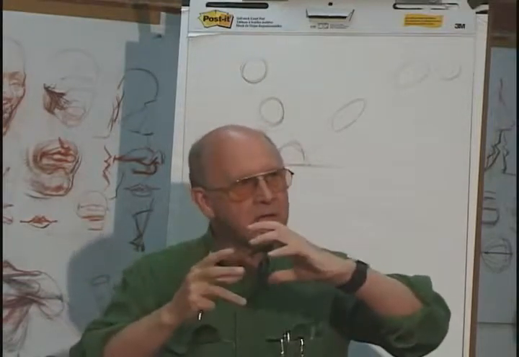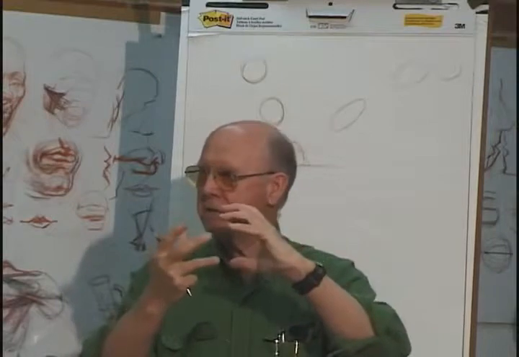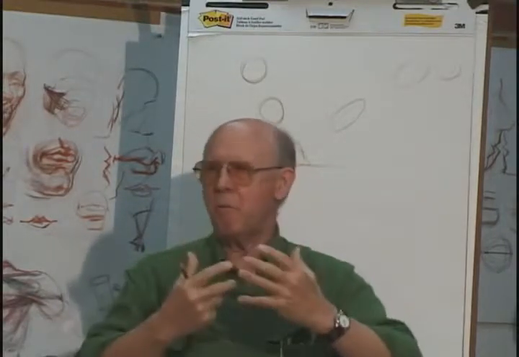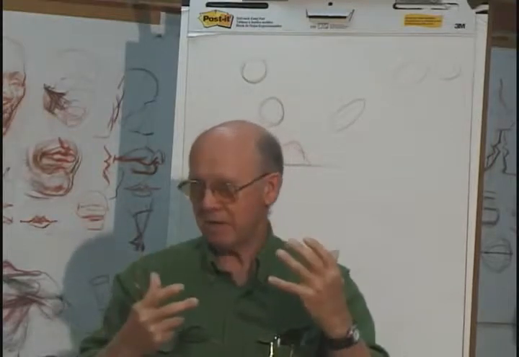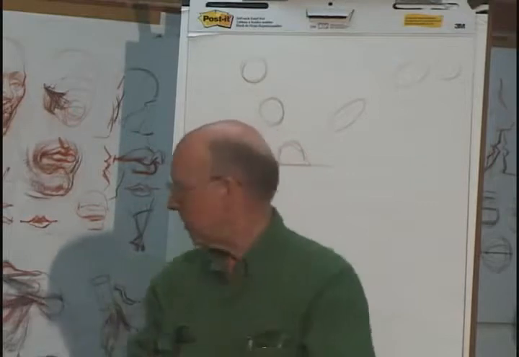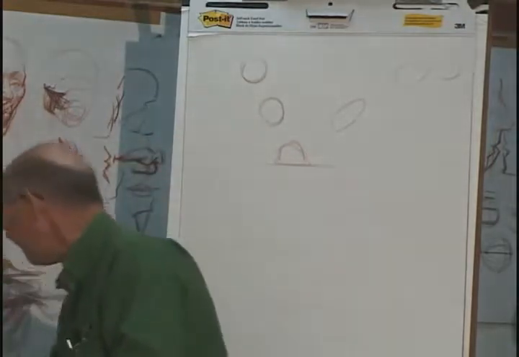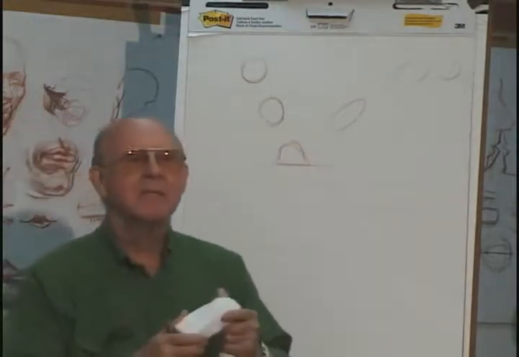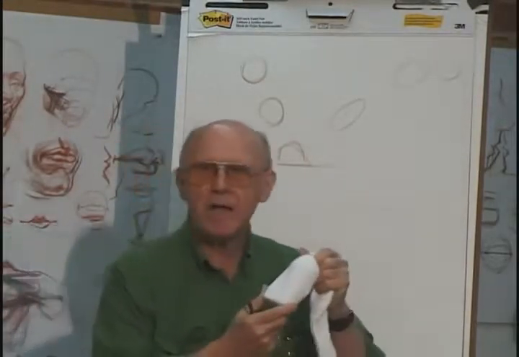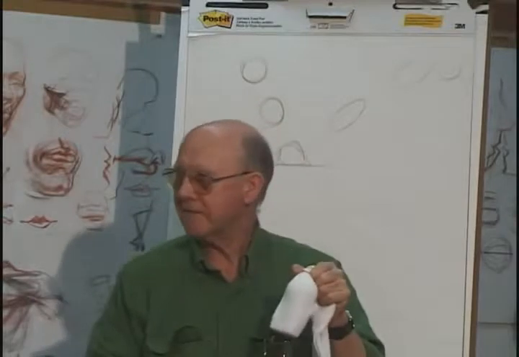So the idea is taking these simple objects and bringing to them what we see and what we experience. Now, we're saying, okay, spheres and boxes. This is basic. Here you've got a ball and a box inside of a sock.